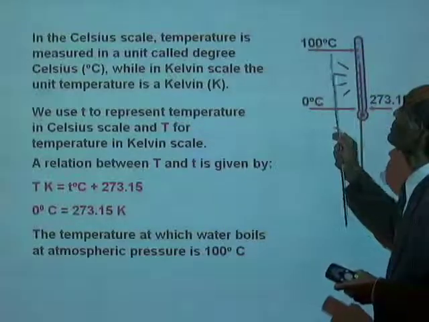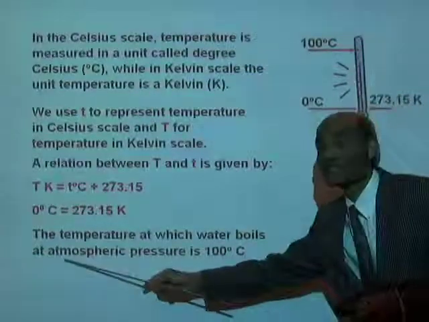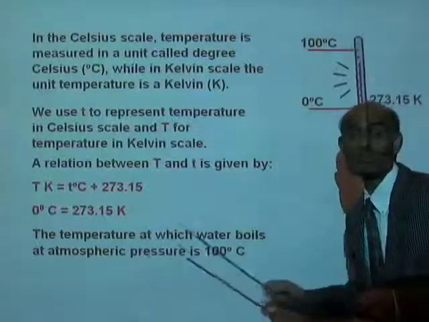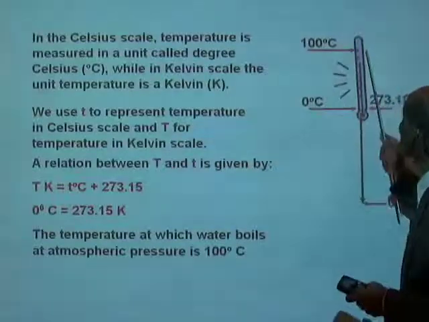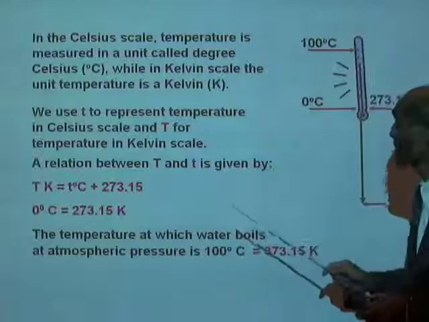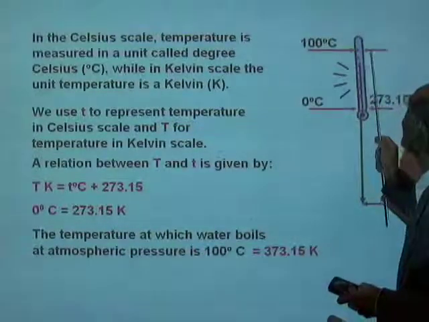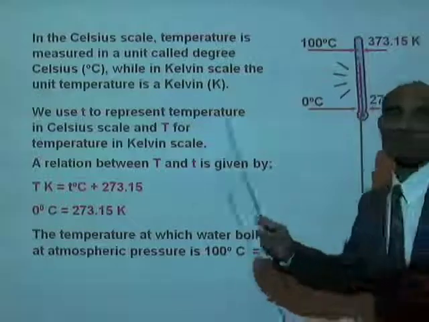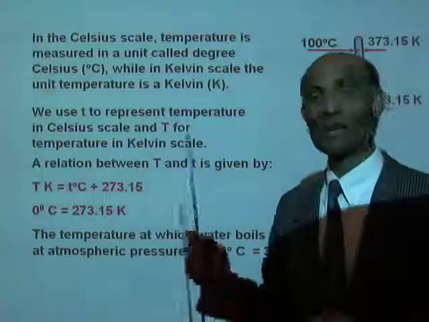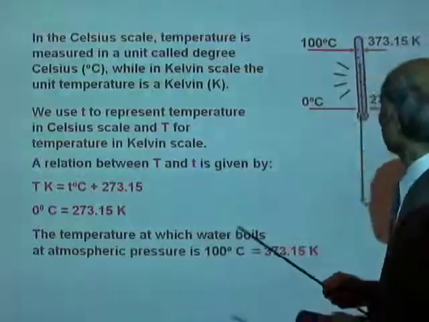So 100 degrees Celsius is the boiling point of water at normal atmospheric pressure. And what is the corresponding temperature on the Kelvin scale? On the Kelvin scale, it will be 373.15. Most of these you know already, but keep these things in mind, very important as we go on.